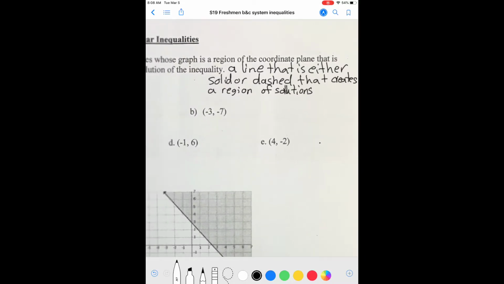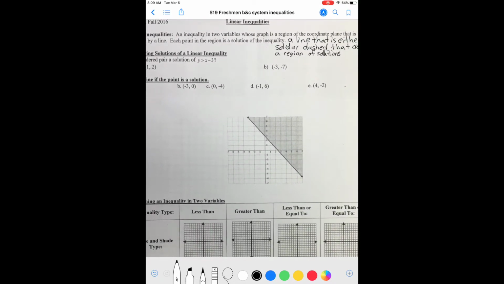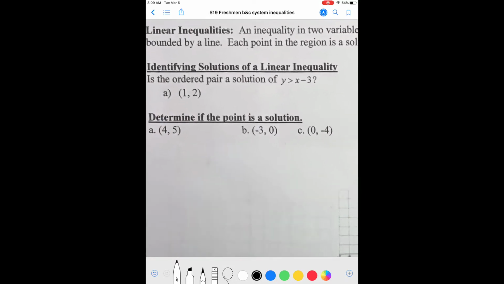So let's look at what that means in the inequality, and then we'll look at a graph.